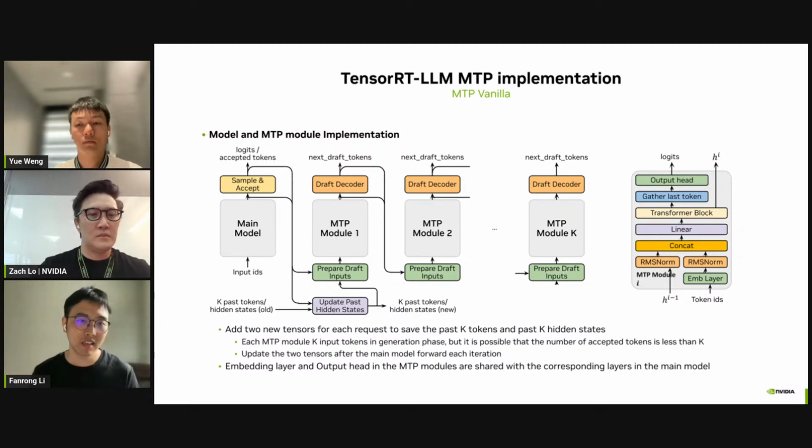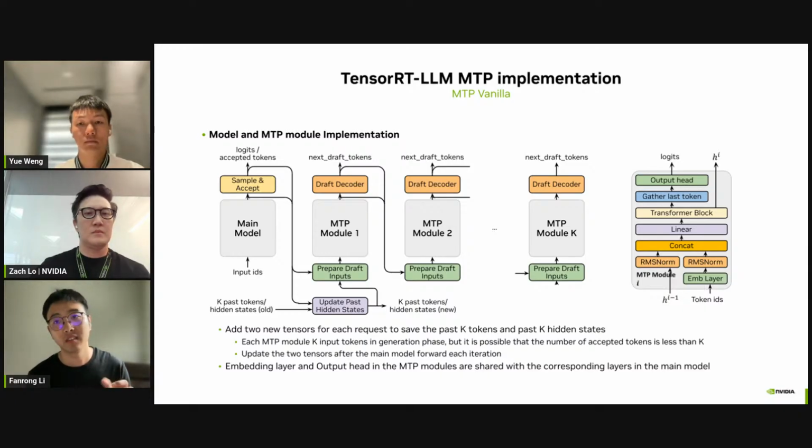About MTP Vanilla, in the generation phase we need to input a total of k different tokens to the MTP modules. But there will be cases where the number of accepted tokens is less than k, so we can't find k different valid tokens as input.